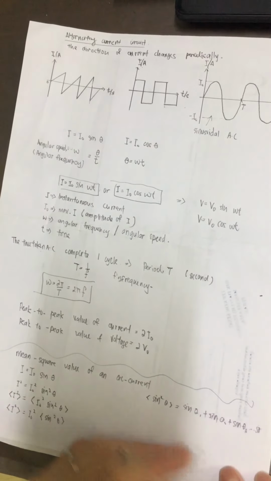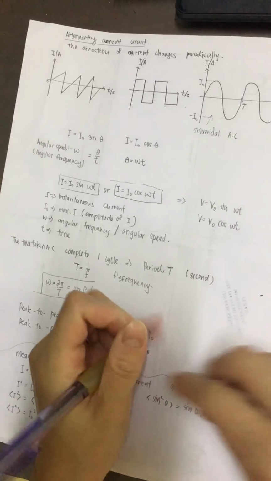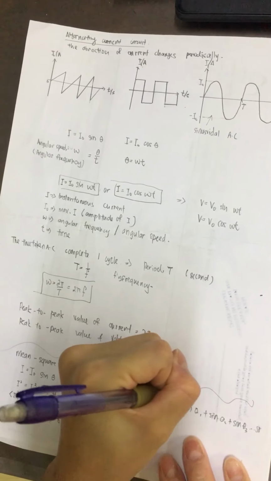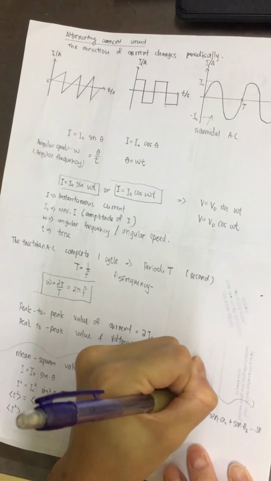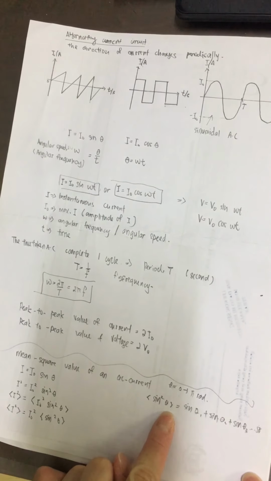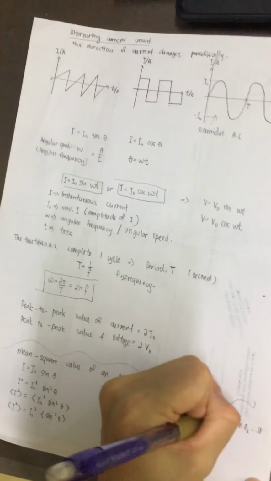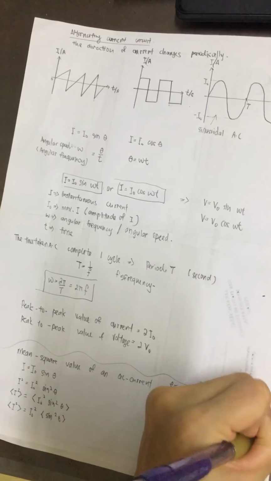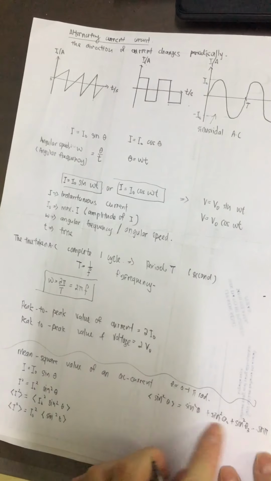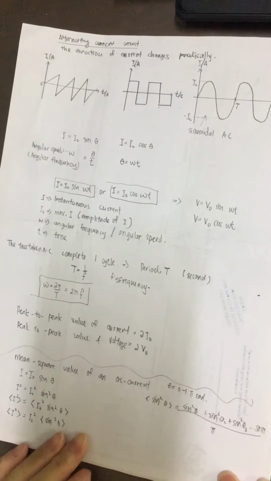Let's say you want to calculate the mean value from 0 radian to pi radian. The mean value of sine squared theta will be the sum of sine squared from 0 until pi, divided by pi.